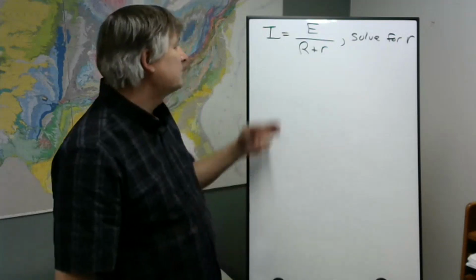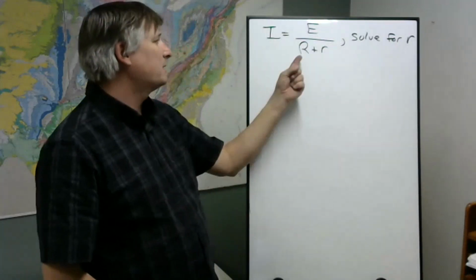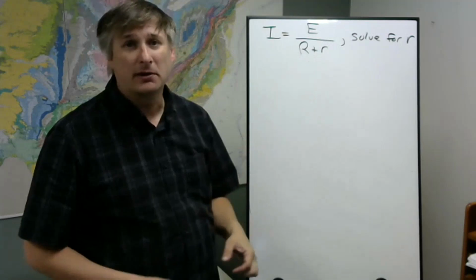The easiest way to do that, multiply both sides by capital R plus smaller r.